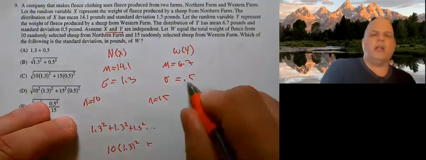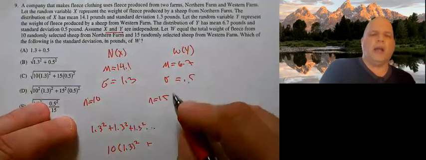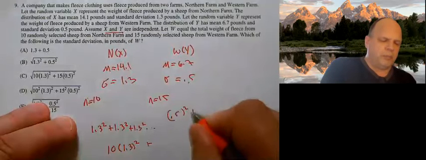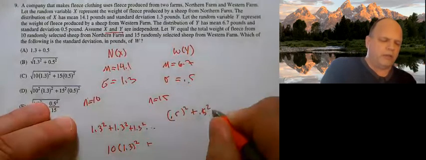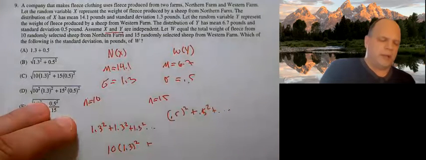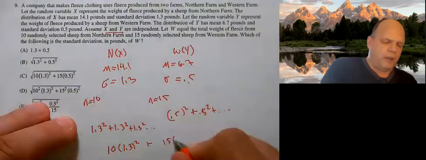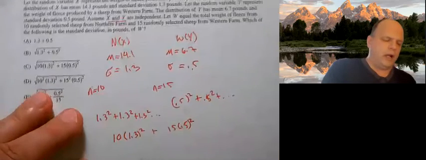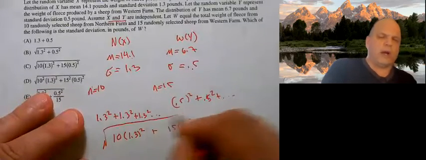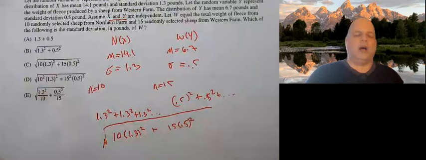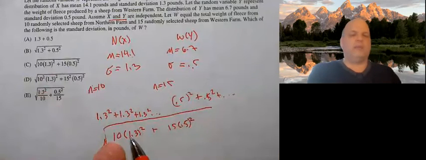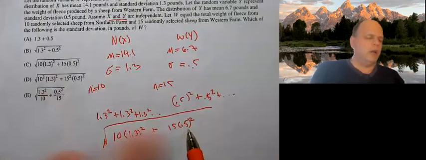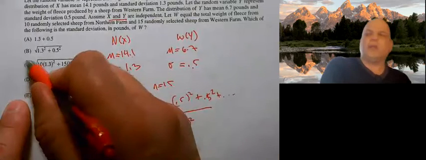And then on the Western side, I'm going to have to go 0.5 squared plus 0.5 squared plus, and you kind of get the hint that I'm going to have to do 15 times 0.5 squared. And once I'm done with that, I'll have to come back and take the square root of that answer. So 10 times 1.3 squared plus 15 times 0.5 squared. My best answer for number 9 is letter C.